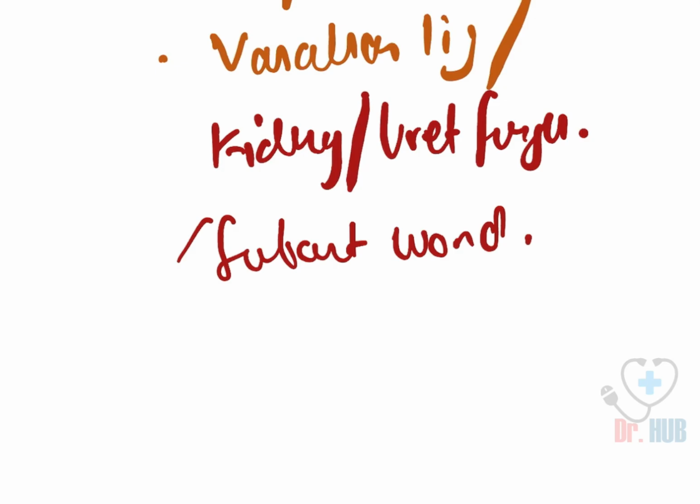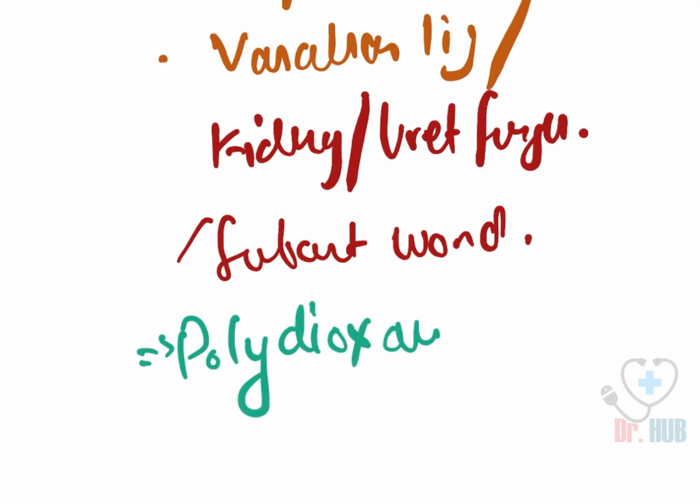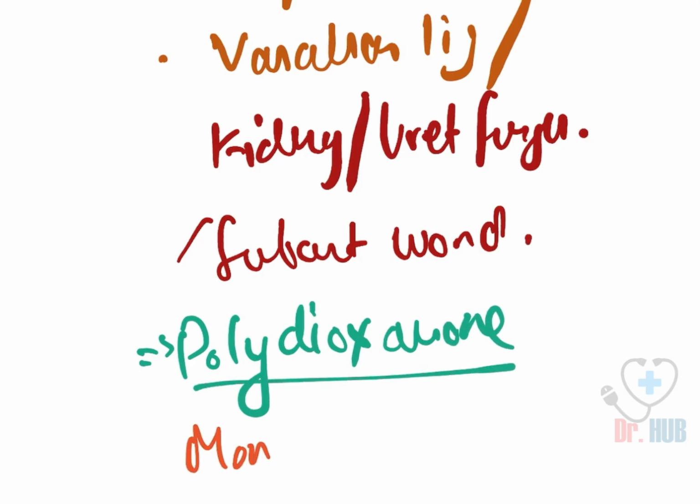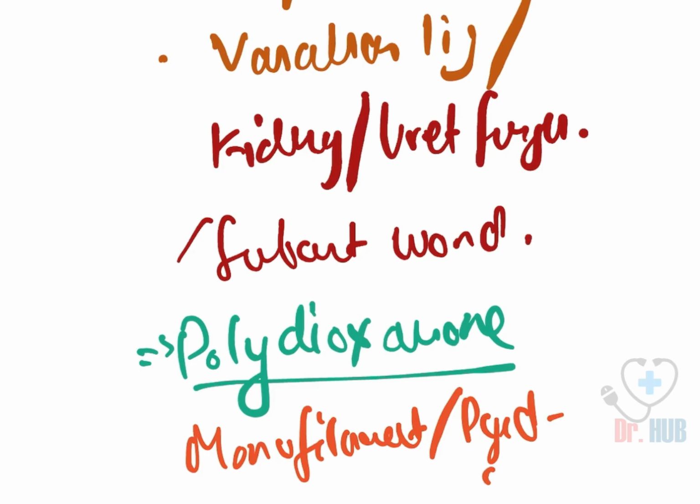The other absorbable suture is polydioxanone. This is a monofilament and it is dyed or undyed.